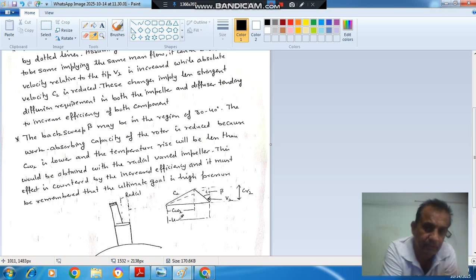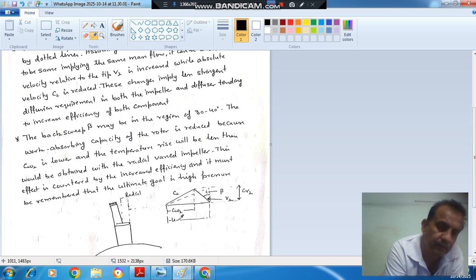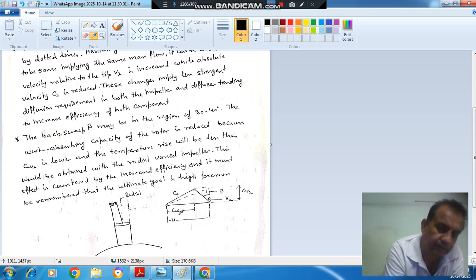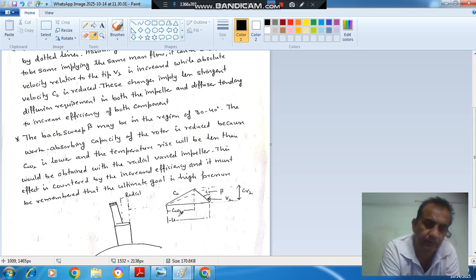Now we will supply less work, and this less work will cause less temperature rise for the same pressure rise. But efficiency will increase, and there will be the same pressure rise, but the temperature rise will be less due to the less amount of work input.